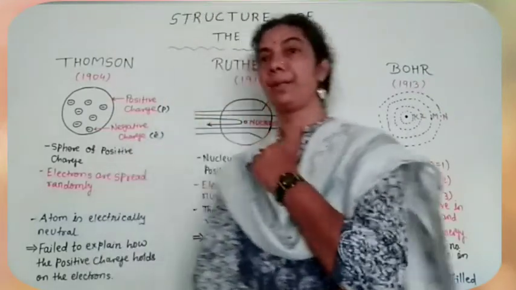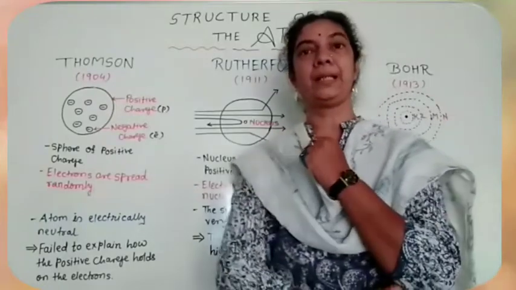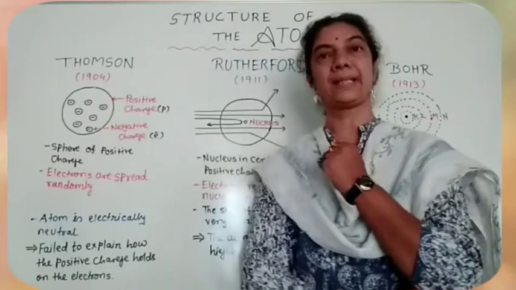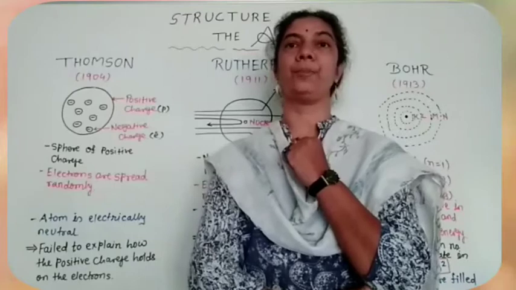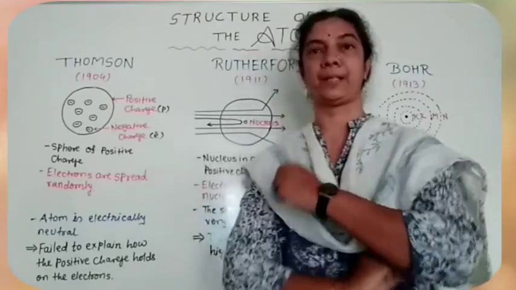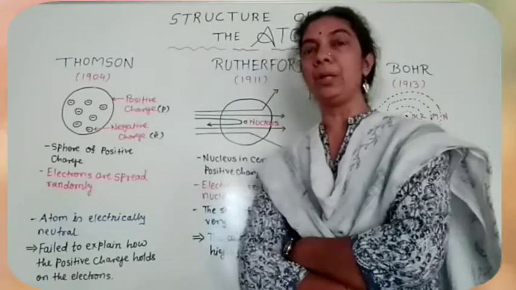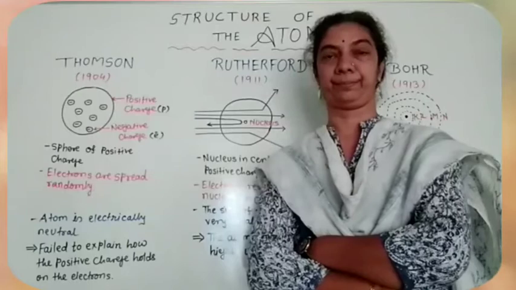After that, in the year 1911, the scientist Ernest Rutherford gave very important conclusions from the gold foil experiment. We know that gold is a highly malleable metal.